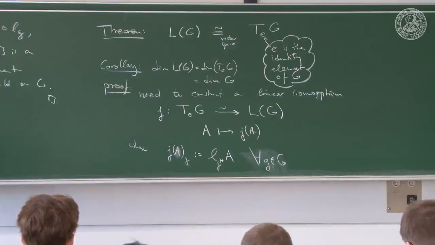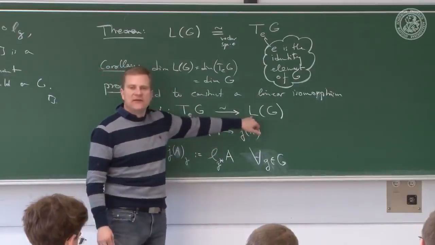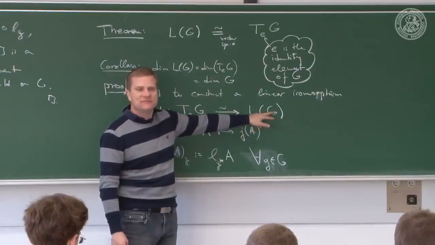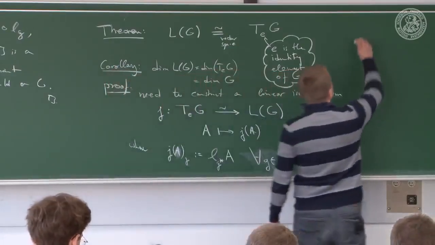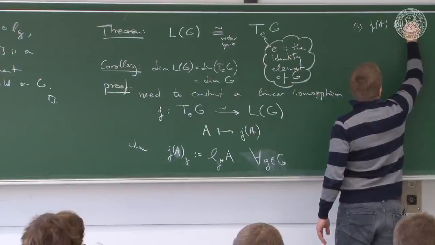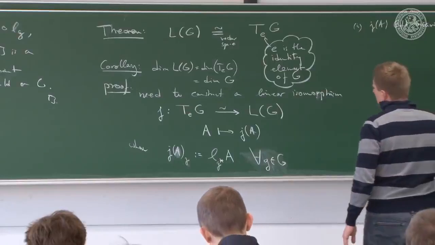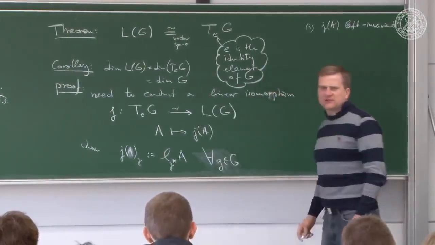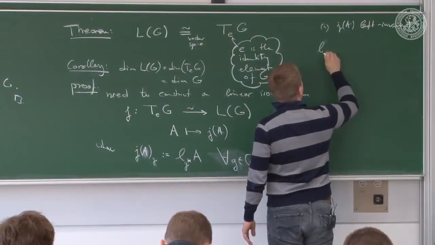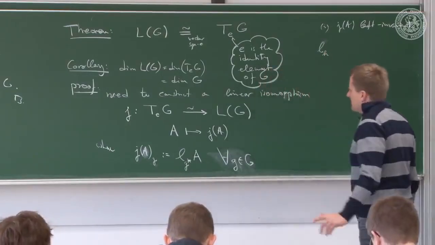That's a vector field. Now, what I have to show, well, this is a vector field. Now the question is, is it a left invariant vector field? So far by this construction, I only argued that this is in Gamma of TG. But is it left invariant? So one is to show that J of A is left invariant. How do we do that? Well, now we use the second formulation we had, which is now the most convenient. I use L_H, so I push it by an H, that doesn't matter.